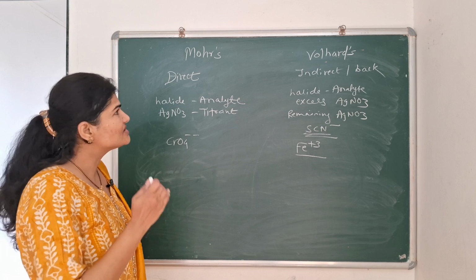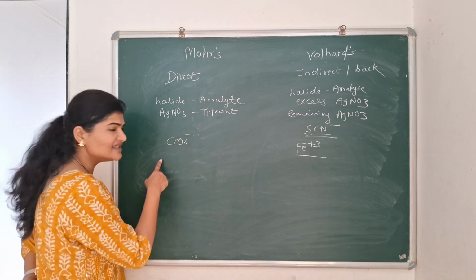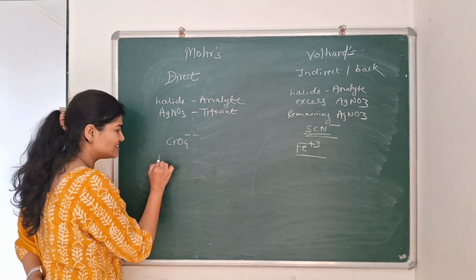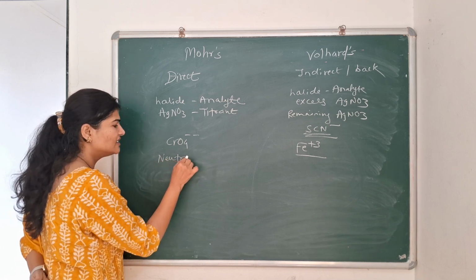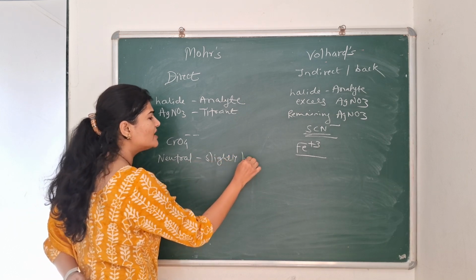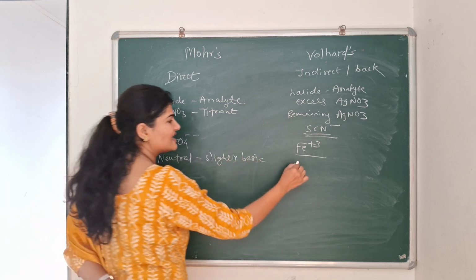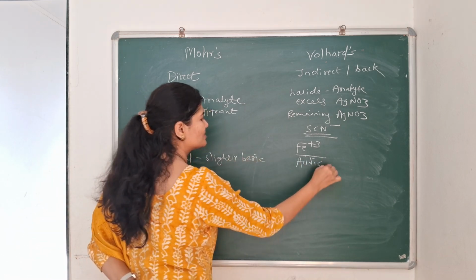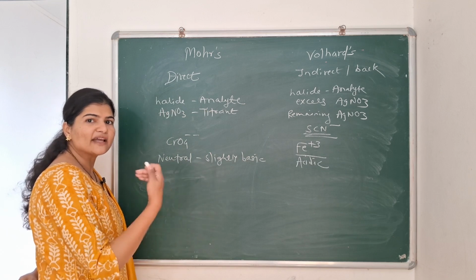Now the next difference in Mohr's and Volhard's is, this titration is carried out, as you know, in neutral to slightly basic pH, but Volhard's titration is carried out in acidic pH. So how can we actually achieve this?